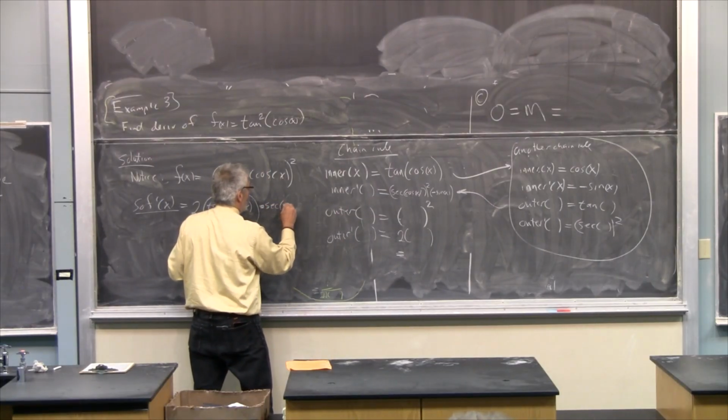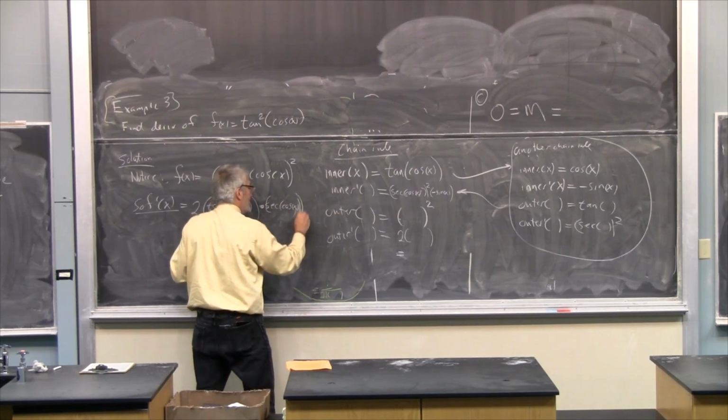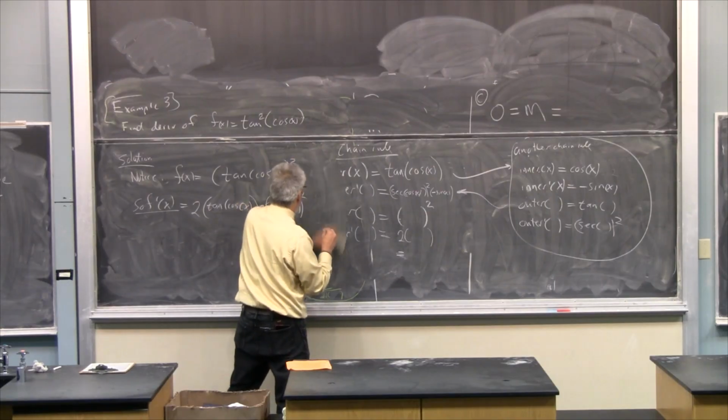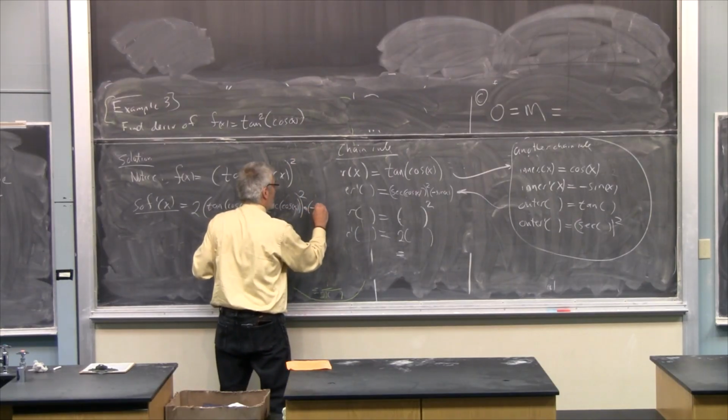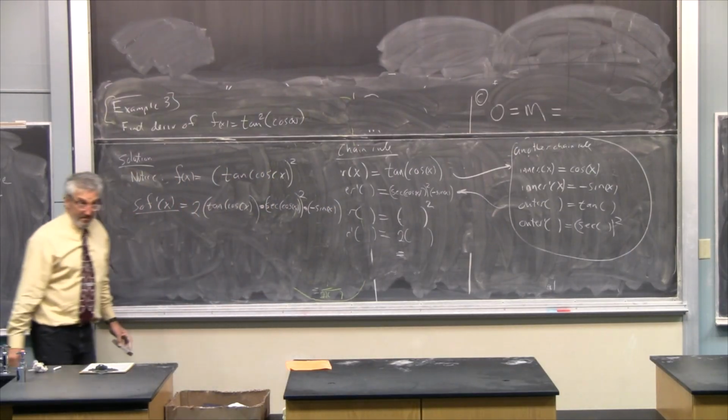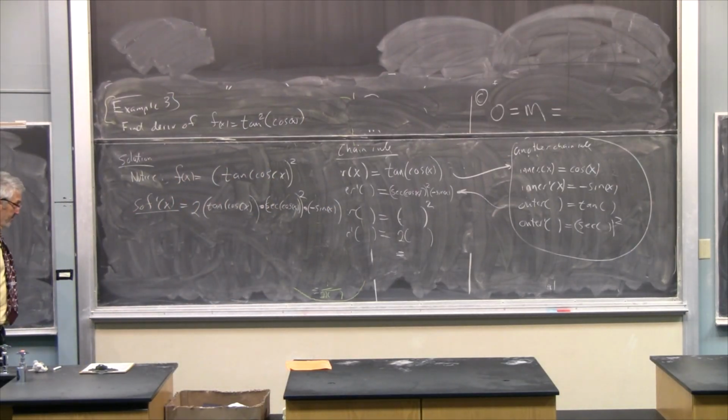Secant of cos x, that's all in parentheses squared, and then this is being multiplied by minus sine of x. Isn't that cool? Yeah, cool. That's it. So that's one twist.